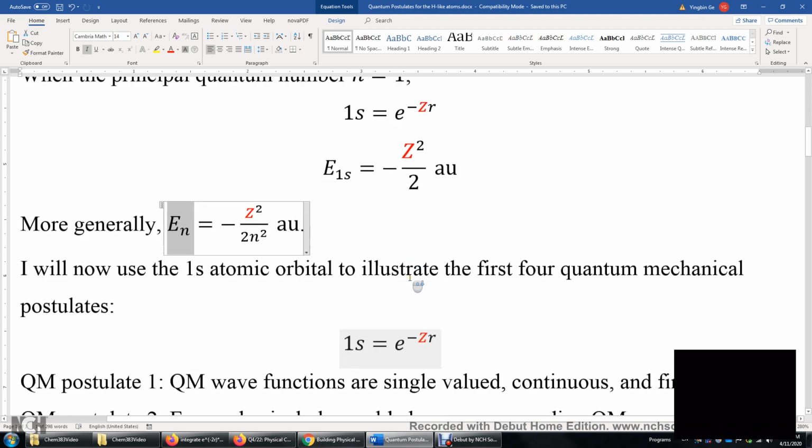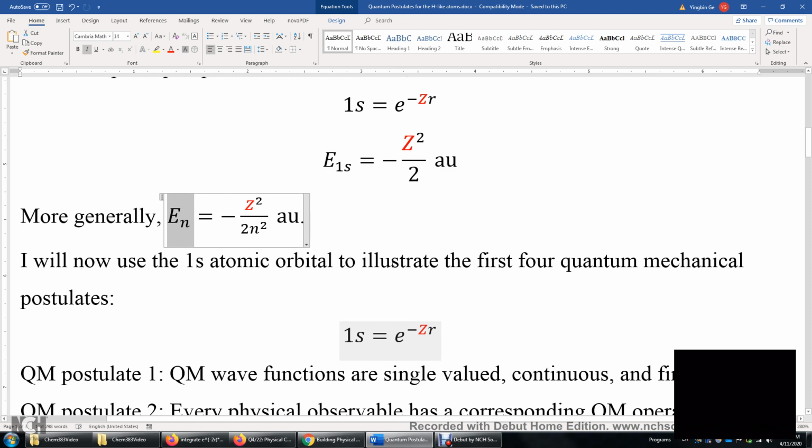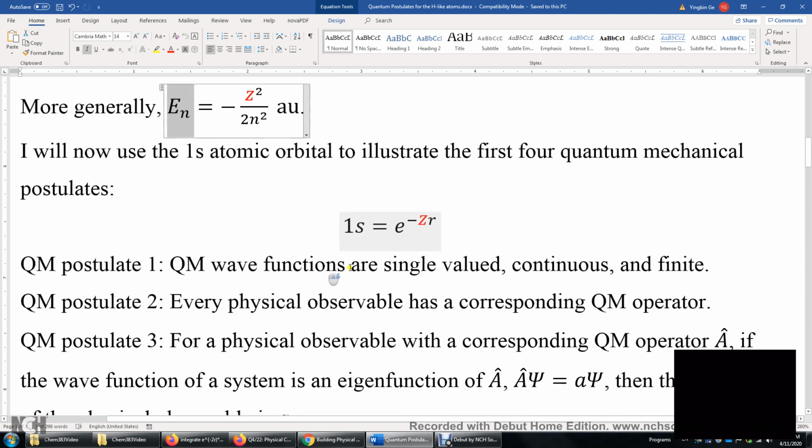Now I will use the 1s atomic orbital to illustrate the first 4 quantum mechanical postulates. The equation is e to the power of -z times r. Postulate 1. This function is single-valued, continuous, and finite. Postulate 2. Every physical observable has a corresponding operator. Postulate 3.